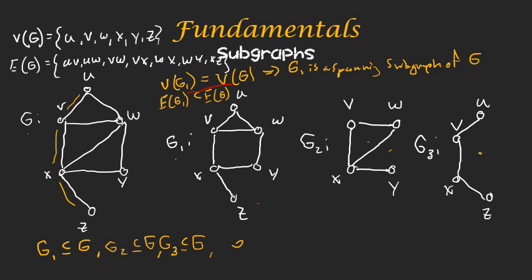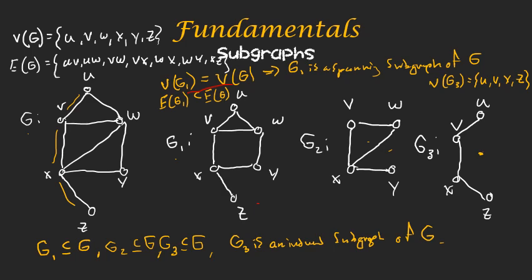G3 is an induced subgraph of G. So what this means is that if two vertices of G3, so my vertex set of G3 are the vertices U, V, X, and Z. Notice that's a proper subset of G.